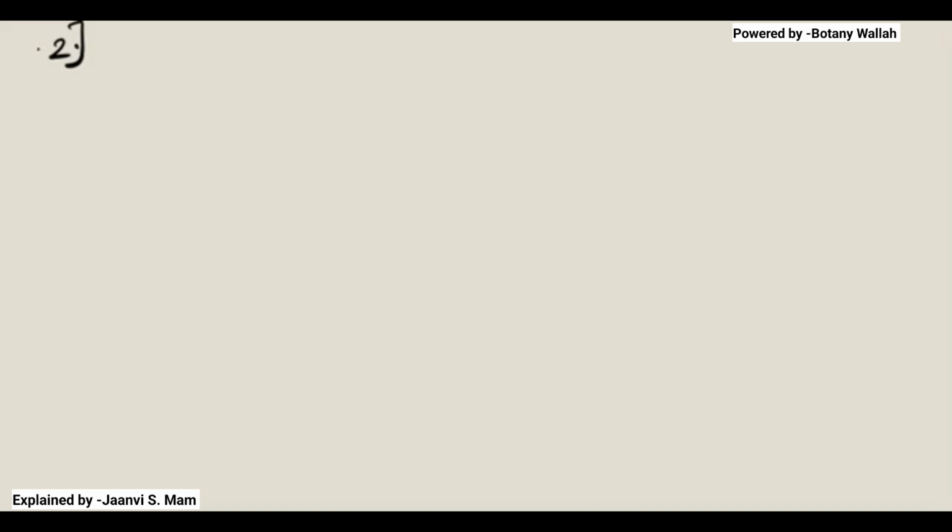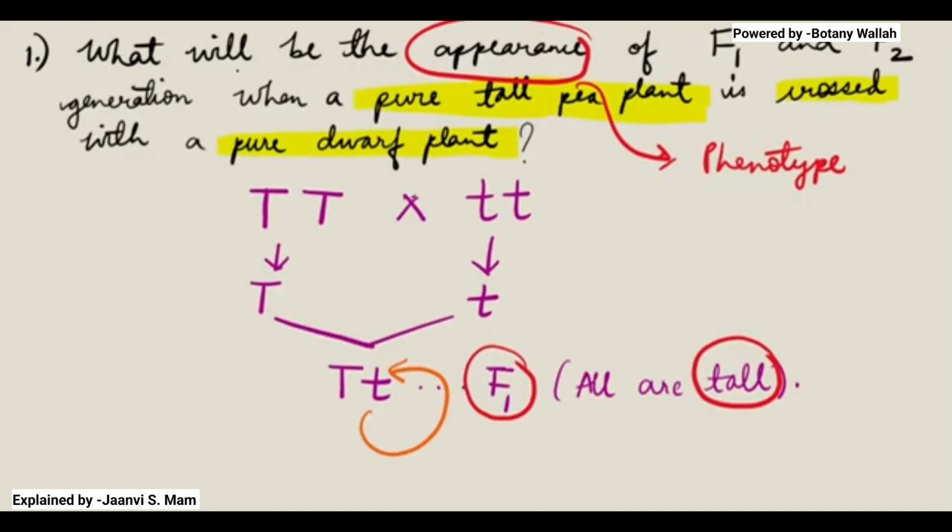Suppose instead of a pure tall pea plant and a pure dwarf plant, the question had been this way: a heterozygous tall pea plant is crossed with a dwarf plant.